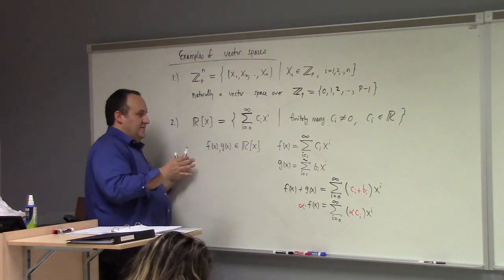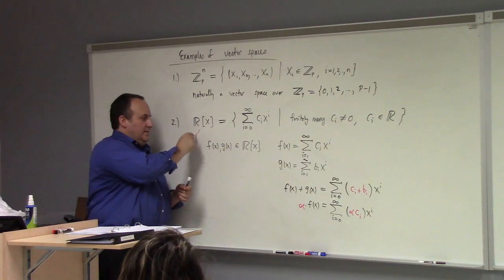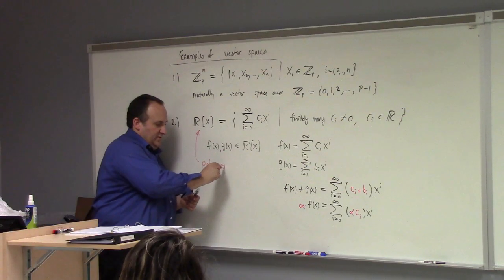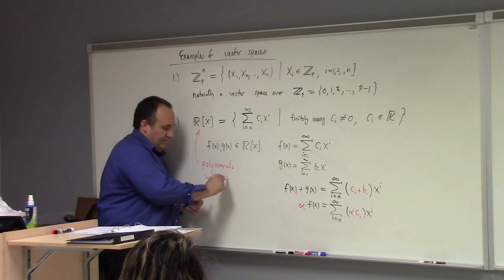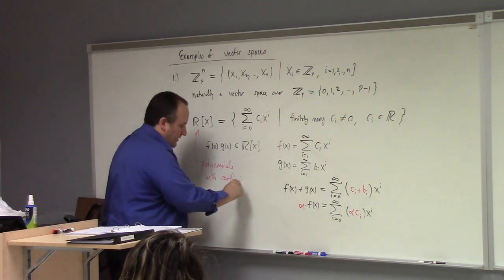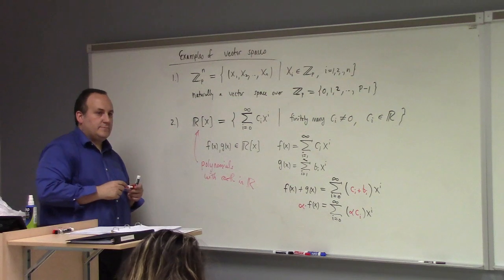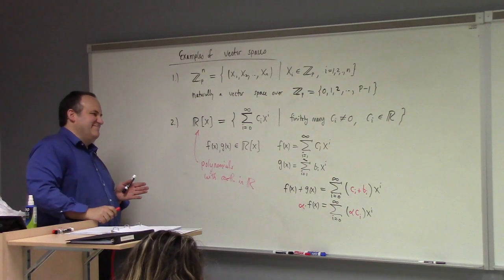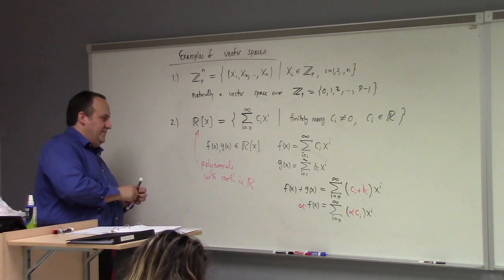Do you guys know the name of this set? These are polynomials with coefficients in R. Let me just bump this example up a notch.